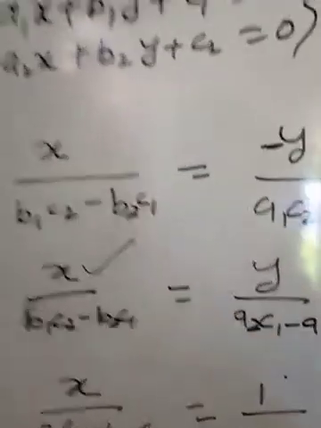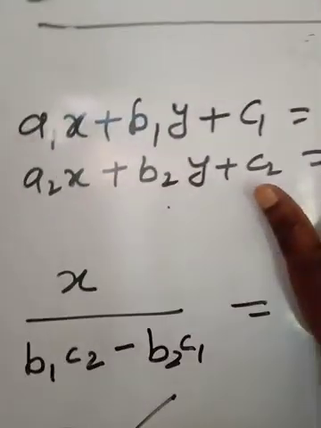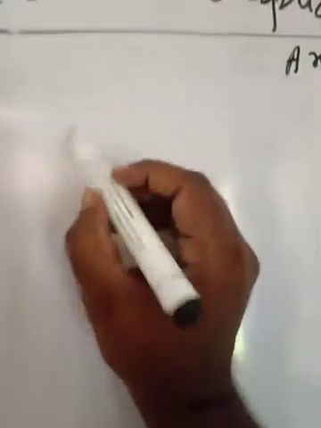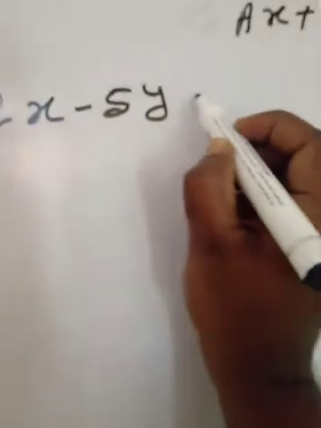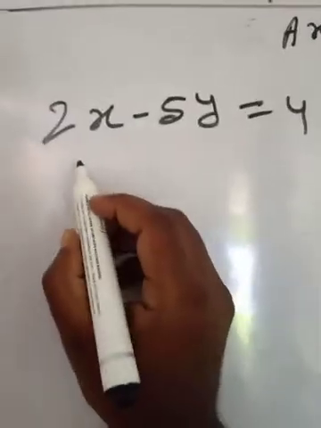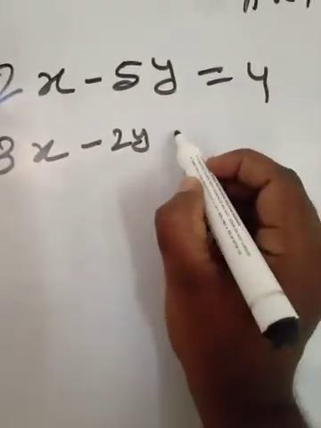Now we have to take some examples. Look here, we are going to take the same system of linear equations: 2x minus 5y is equal to 4, and 3x minus 2y is equal to minus 16.